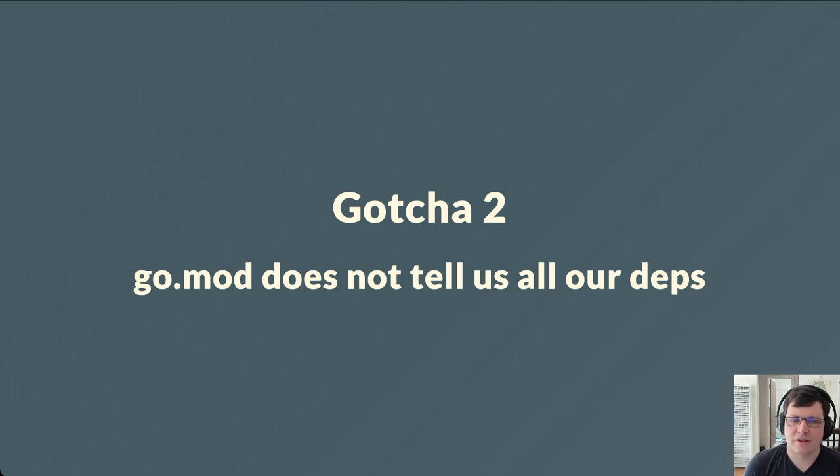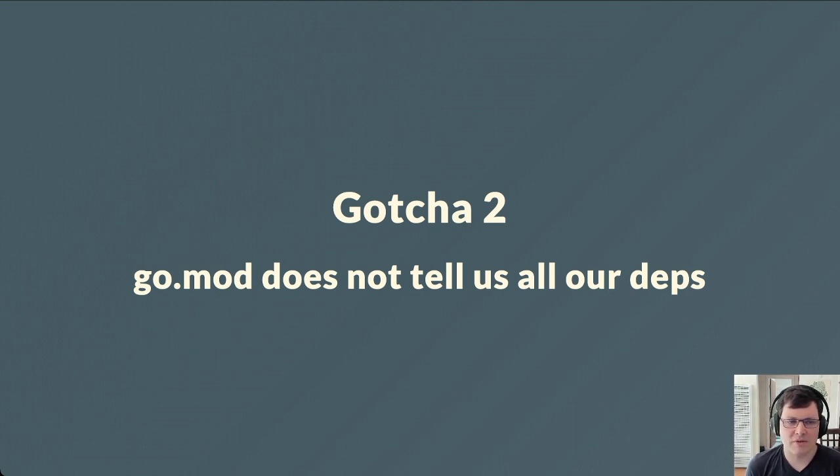The second gotcha is that go.mod doesn't tell us about all our dependencies. The go.mod file is only intended to capture direct dependencies and not the dependencies of your dependencies. In some edge cases, like we saw when we were looking at that go.mod file, you will see some dependencies with an indirect comment. Those are indirect dependencies, but they only show up for dependencies which don't have their own go.mod file.